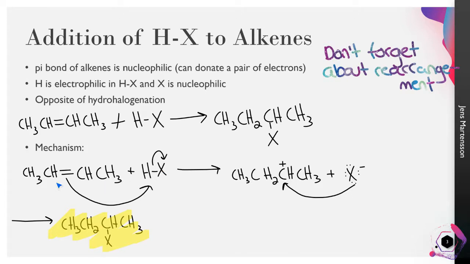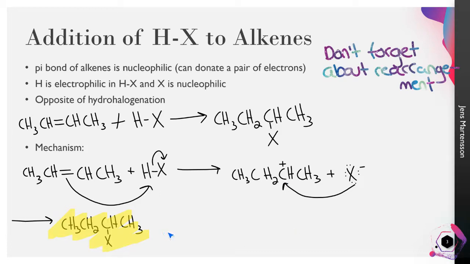In this case, it doesn't matter because they have the same number of hydrogens. So hydrogen will add to one of them. In this case, it added to this carbon right here. So we added this hydrogen to this carbon, and then a positive charge forms in the other one. So you always form a carbocation, and then the anion from the HX will attack that positively charged carbon there. And then you have your product.